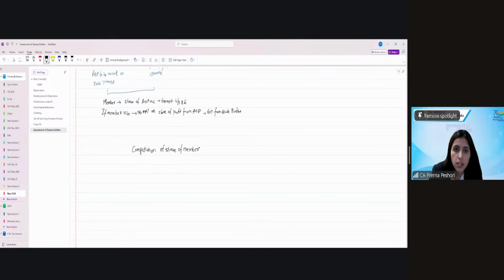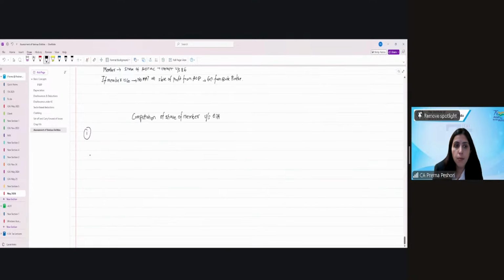Share of member under section 67. Okay. So step one will be to compute the share of income from AOP or BOI. And this has to be the share of the profit only. So this will exclude any interest, remuneration or commission paid to members.